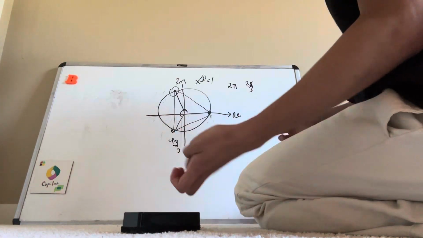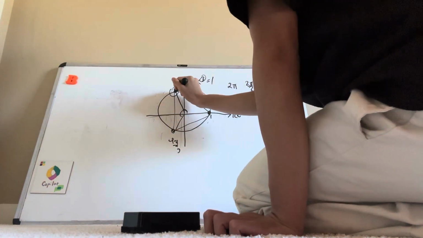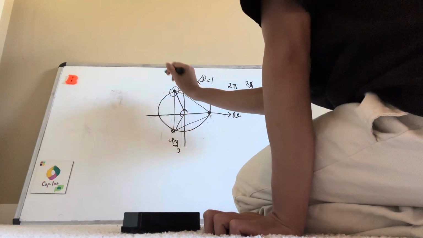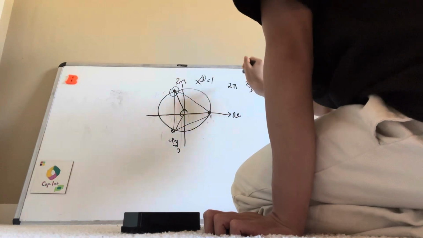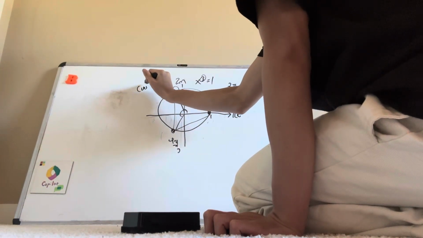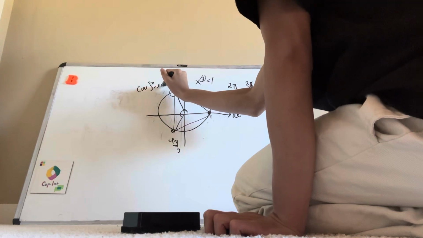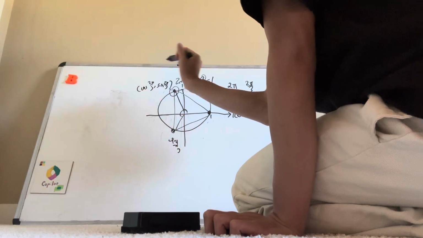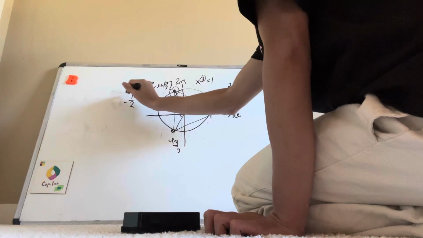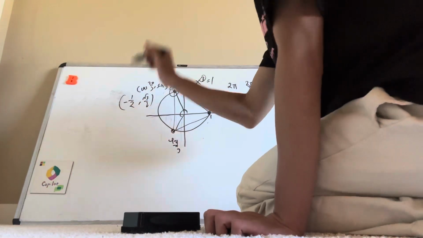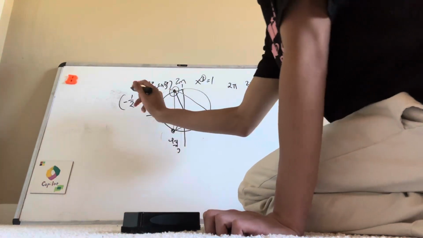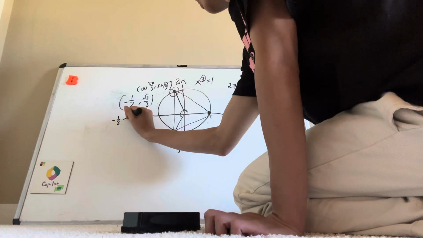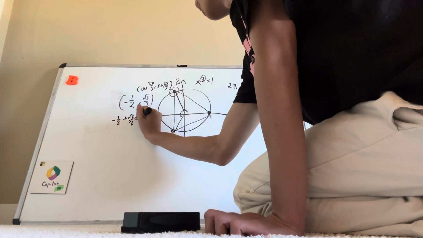And how does this help us? Well, if you know your unit circle, you will know that this point corresponds to cosine 2 pi over 3 and sine 2 pi over 3, which is, of course, negative 1/2 and square root of 3 over 2. And given our definition from before, that represents the answer negative 1/2 plus square root of 3 over 2 i.